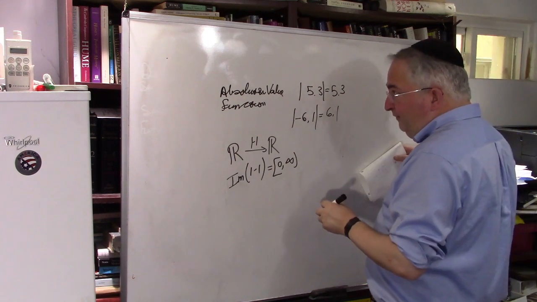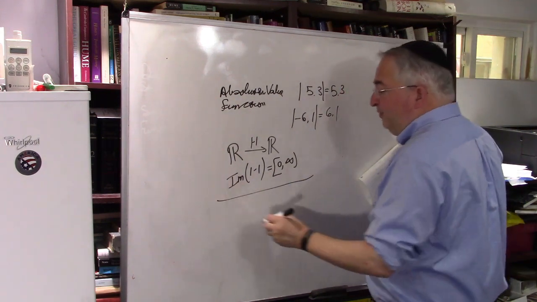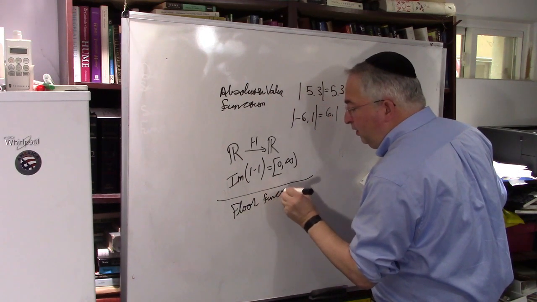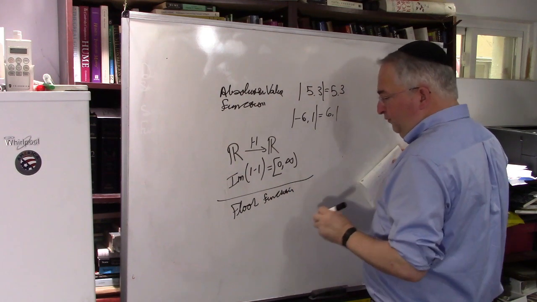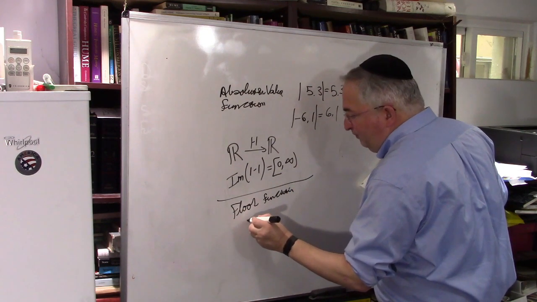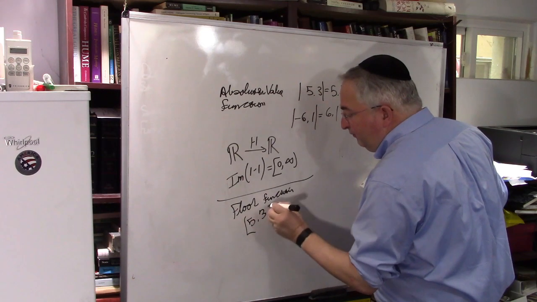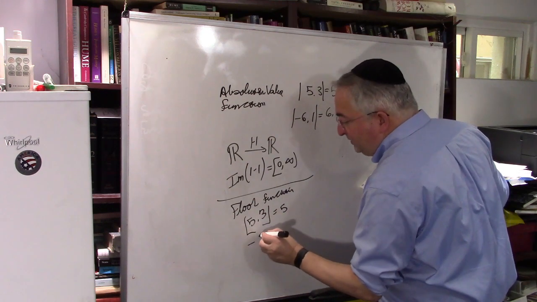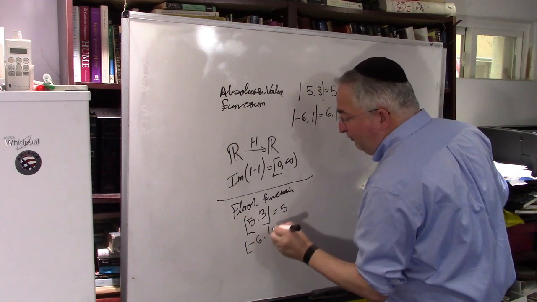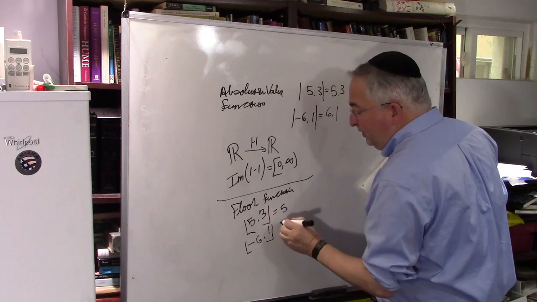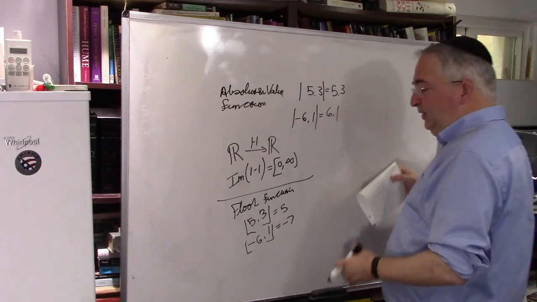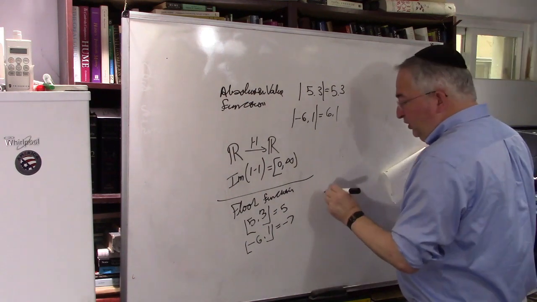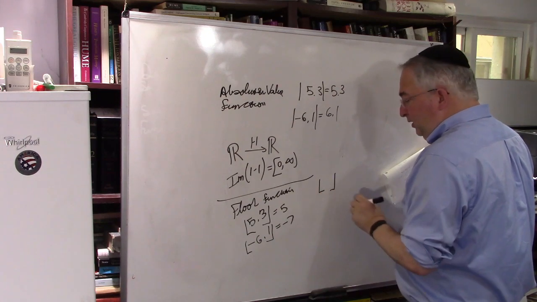Another function that the book talks about is the floor function. Let's just remember what the floor function is. Take 5.3, look at the floor of that, that's equal to 5. Take minus 6.1, look at the floor of that, that's equal to minus 7. We go down 1. So this is a function, the floor function.